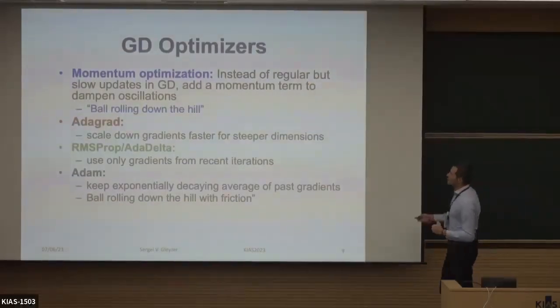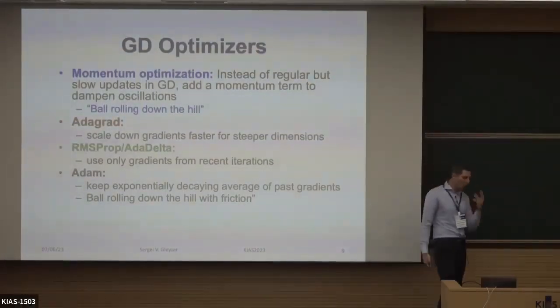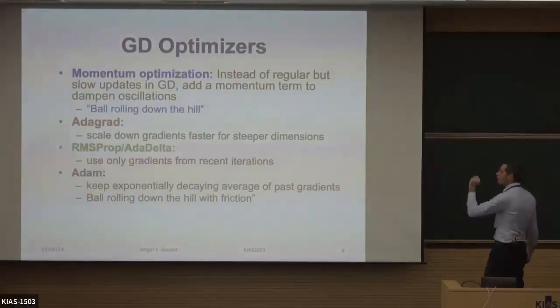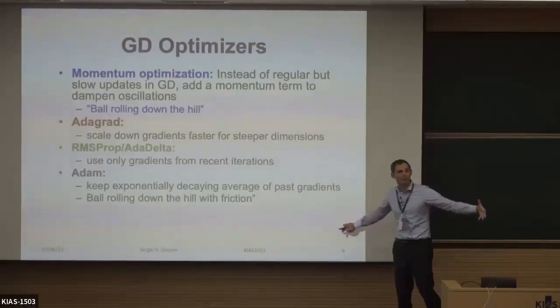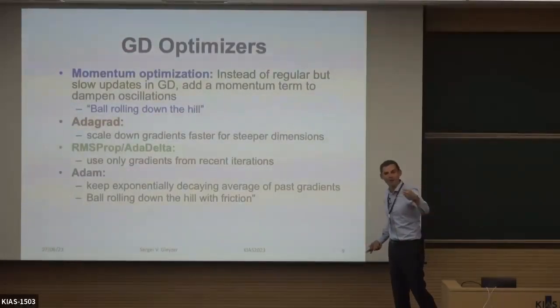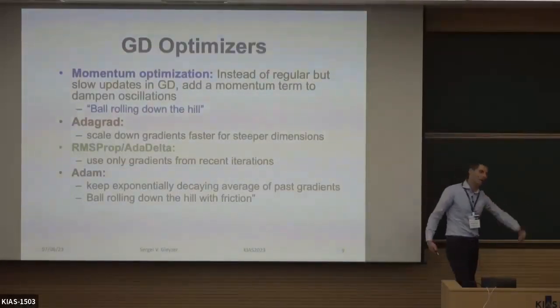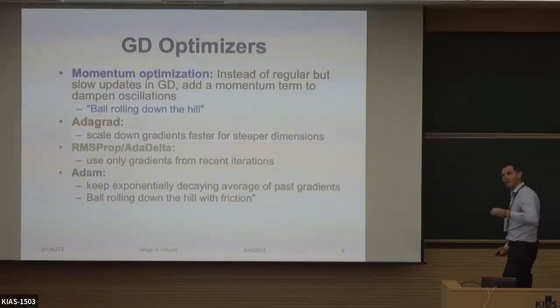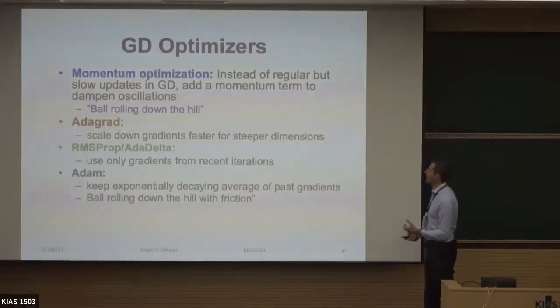Now, how does this relate to quantum? Well, it turns out that we will be able to use stochastic gradient descent, and in some sense, also some of the optimizers. All this machinery that was built for optimizing neural networks could be applied also to our classical and quantum part of our network. So let's look at how that happens.